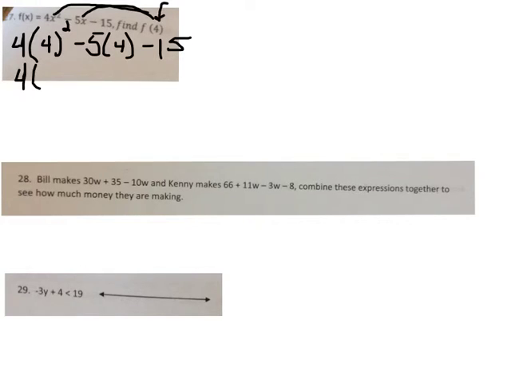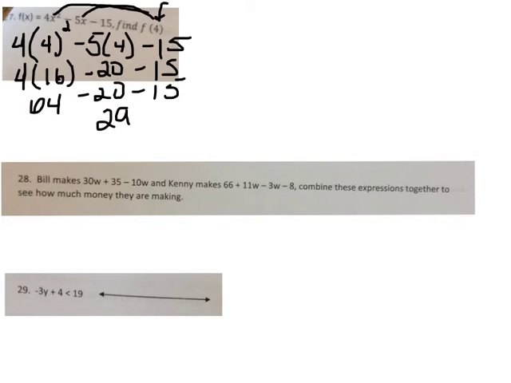So 4 times 16 minus 5 times 4 is 20 minus 15. 4 times 16 is 64 minus 20 minus 15, and you got to work left to right. 64 minus 20 is 44. 44 minus 15 is 29. Remember, you want to work that from left to right in order to get your answer.